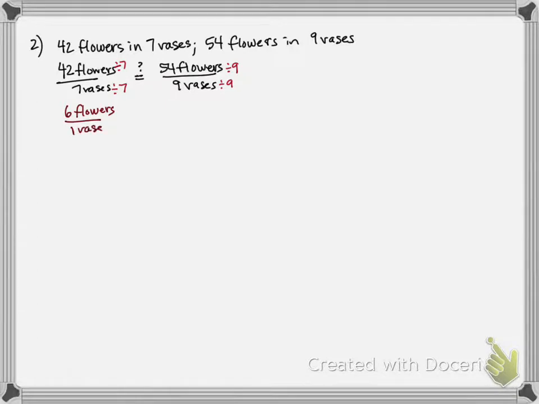So once I can get them to have the same denominator, so 54 divided by 9 is 6. Ooh, this is looking good. Over 1 vase. Since those are identical, yes, we would say they are equivalent. So we would say the rates are equivalent.